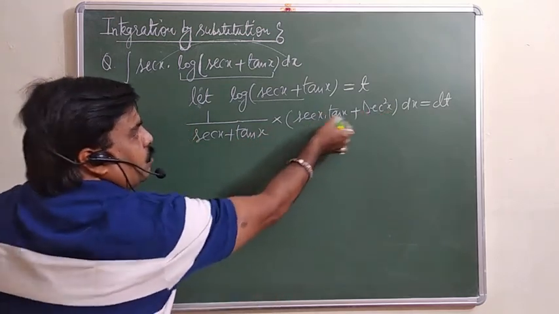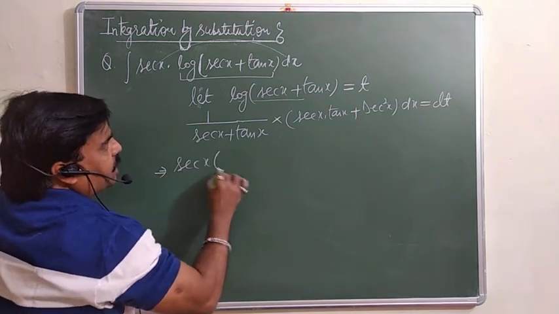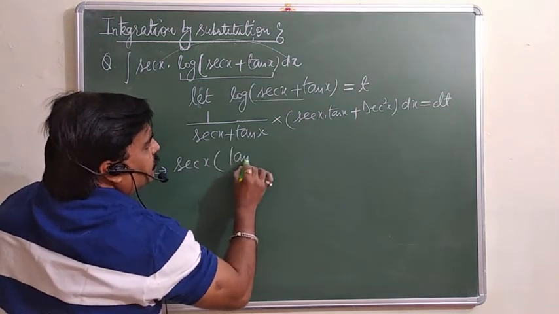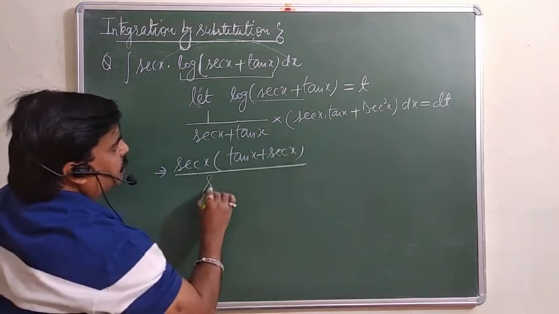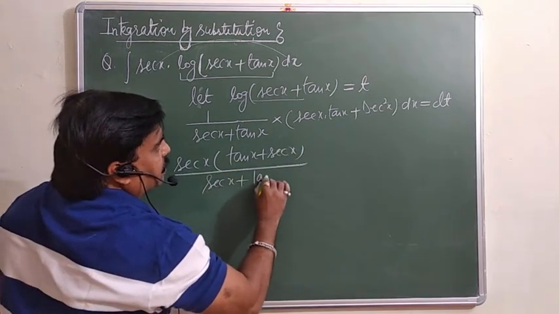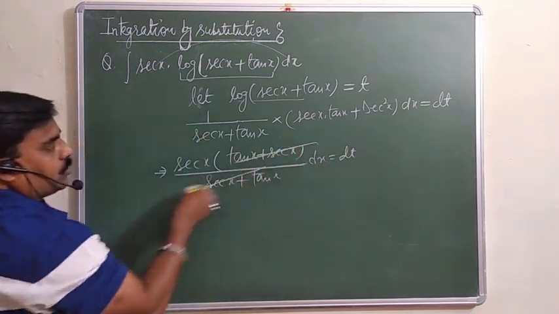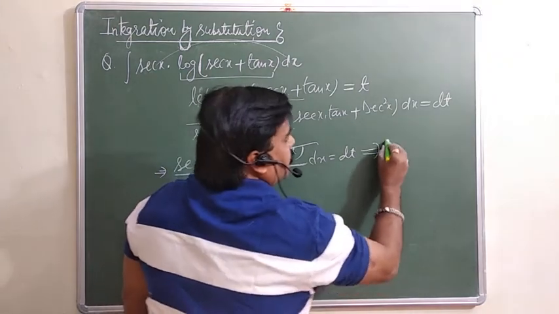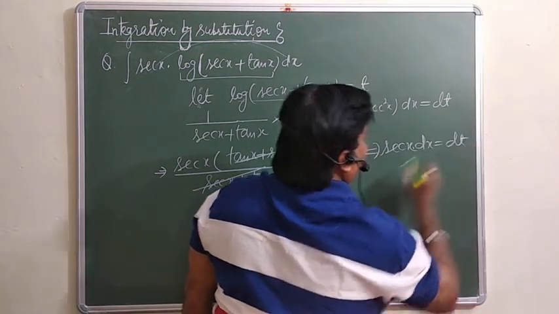So here you can take sec x common. So what will you get in the numerator? Sec x you can take out common, you will get tan x plus sec x over sec x plus tan x, dx is equal to dt. And this is going to cancel. So finally you are getting sec x into dx is equal to dt.